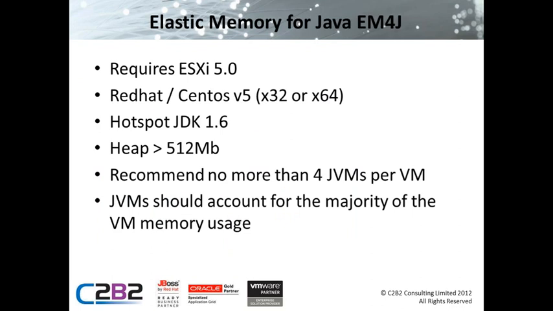So there's a recommendation that you run no more than 4 JVMs per VM. And JVMs themselves should account for the majority of the VM memory usage, because essentially the normal balloon driver has been disabled and the EM4J drivers are the ones talking to ESX.